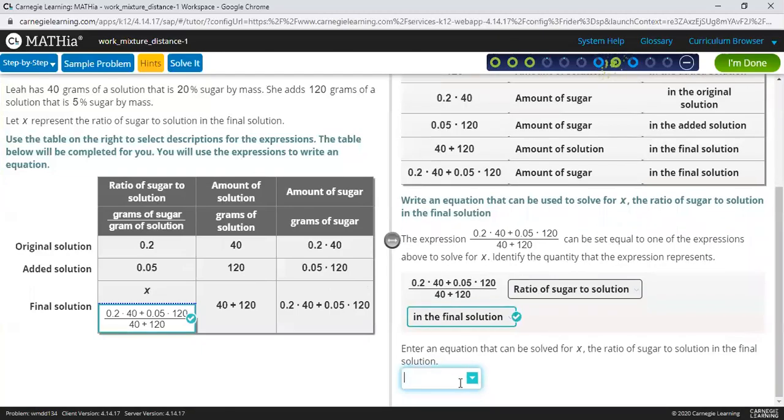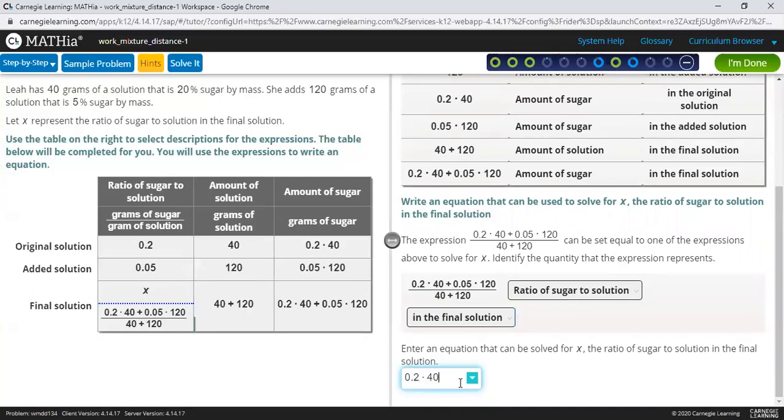I'm going to take that expression there, 40 plus 0.05 times 120, and put that in parentheses so that I can divide that entire expression by the 40 plus 120.